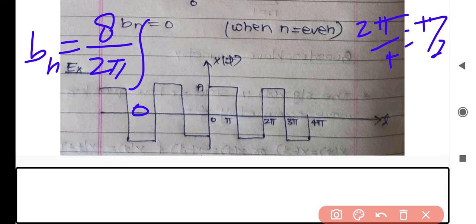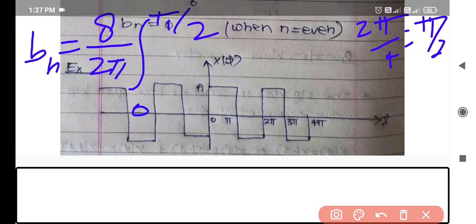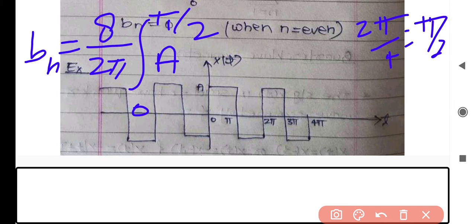So the limit will be from 0 to pi by 2. Value of the signal is A in this period, 0 to pi by 2, sin nt dt.